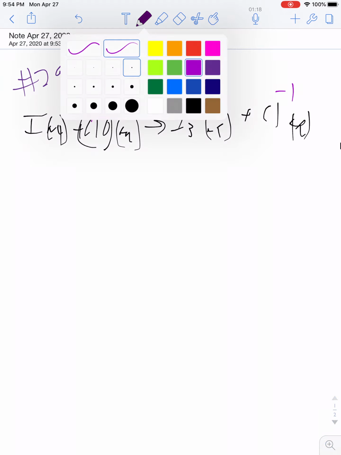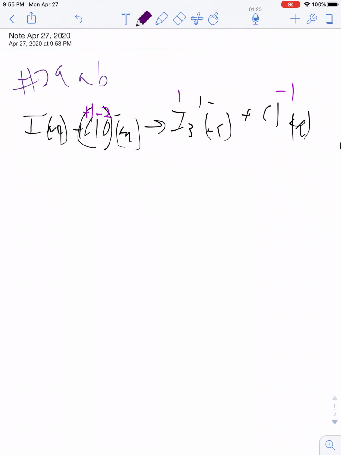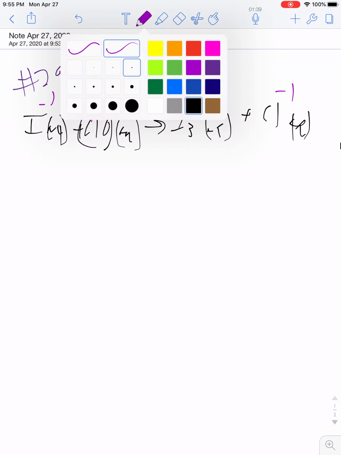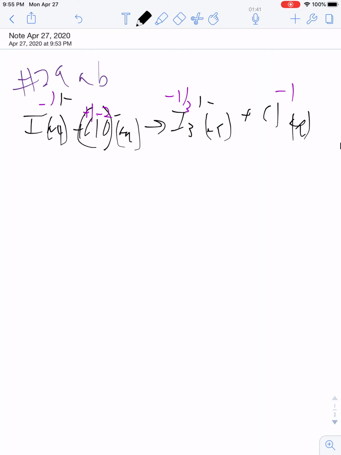Here, each of the iodines must have an oxidation of -1/3, so that it adds up to the charge of -1. And then the iodide has an oxidation of -1. Its charge was 1-, and they have the same oxidation as their charge.